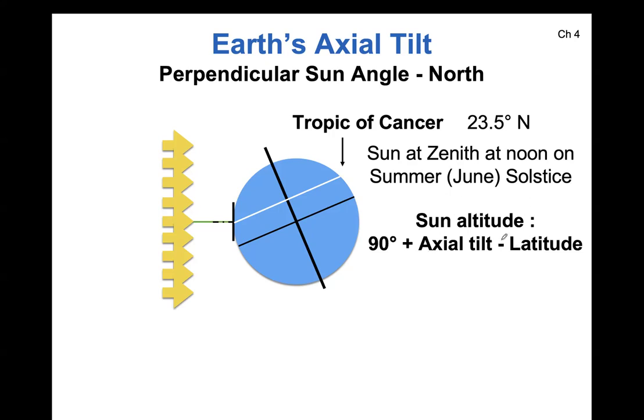All right. Here is that formula that I referenced just a second ago. We saw this on Thursday when we were talking about finding the angle at other latitudes. So this is how you find the sun's altitude. In this case, you can see right away you'd have axial tilt minus latitude. If it seems slightly different, it's because last time we saw the formula, it was written in a different order.